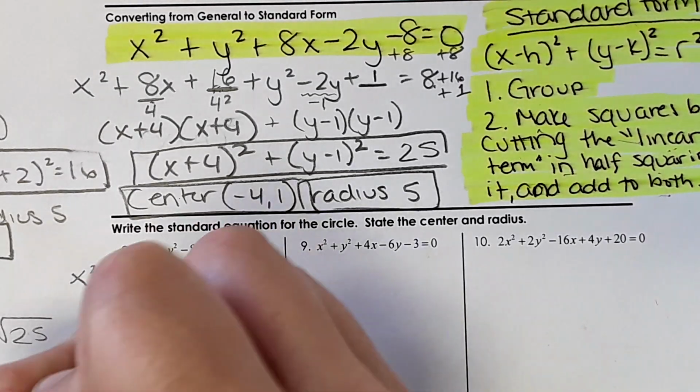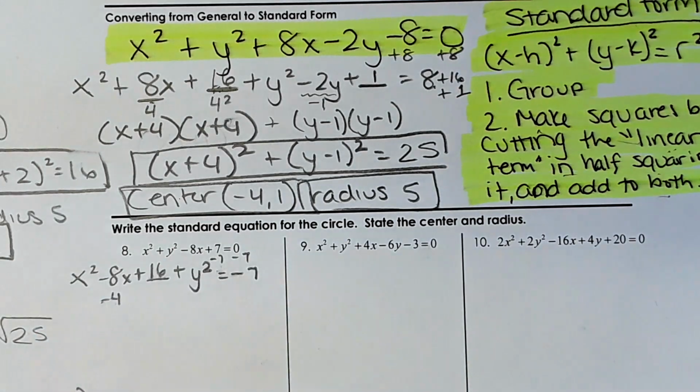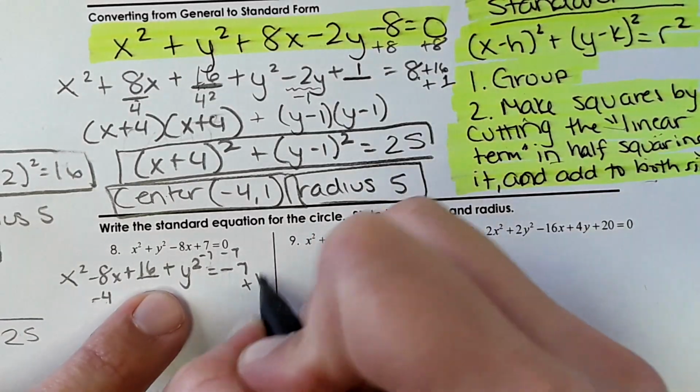Then we need the number here. Divide this by 2, -4. -4 squared would be 16. Cool. Whatever we add to this side, we have to add over here.